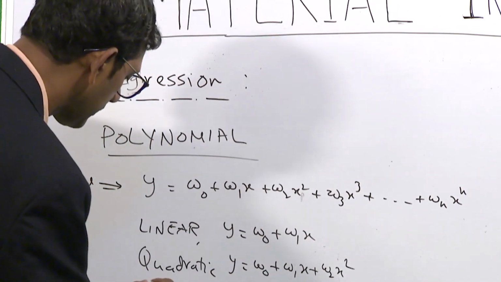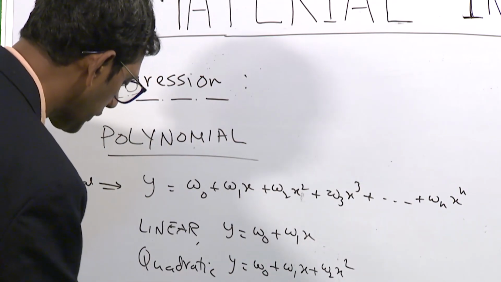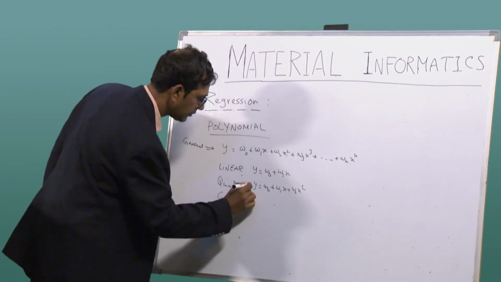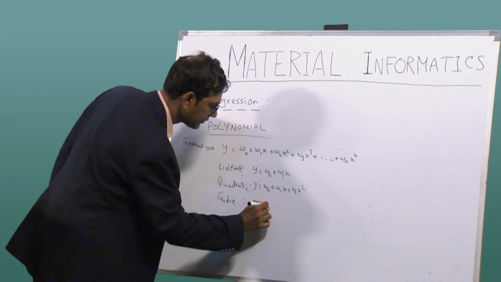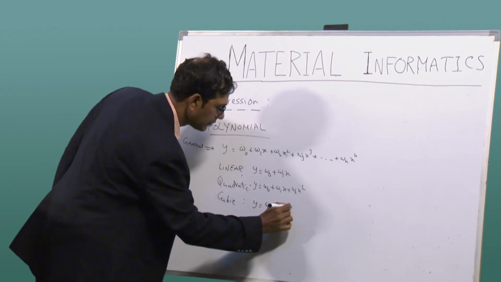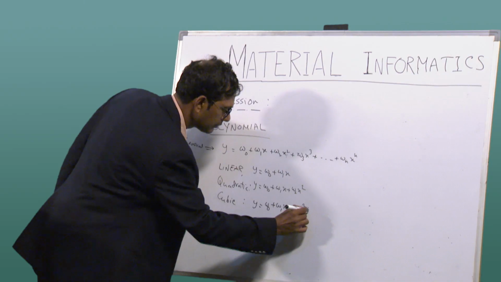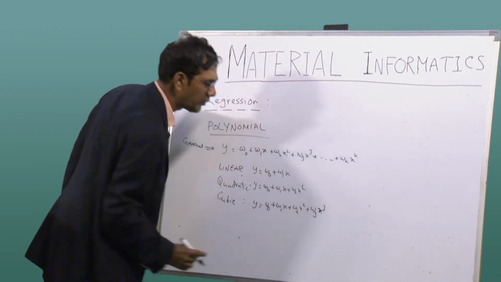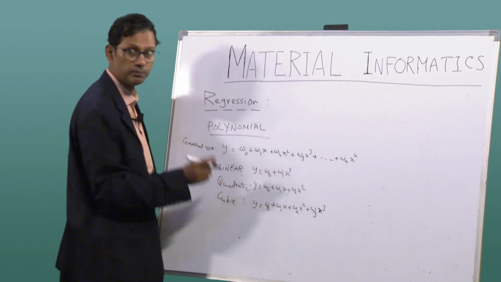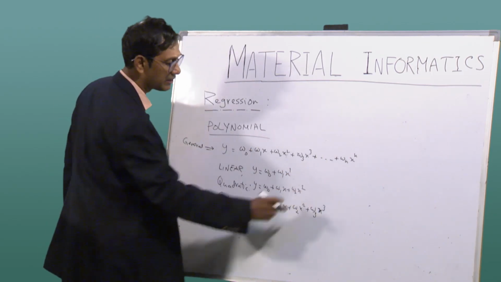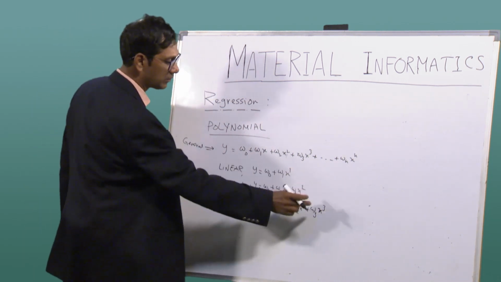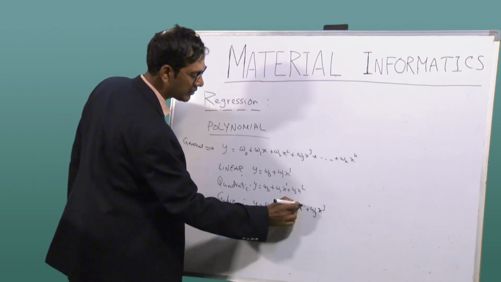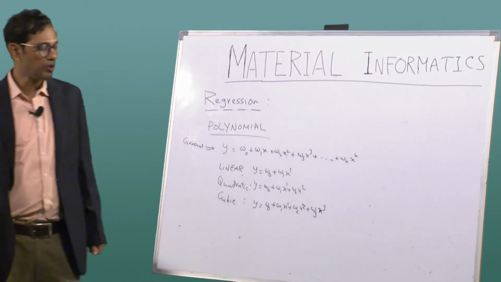In case of cubic, it becomes like this. What you are seeing is that this power on the x is increasing 1, 2, 3. That is what is happening. This is how the polynomial goes on.